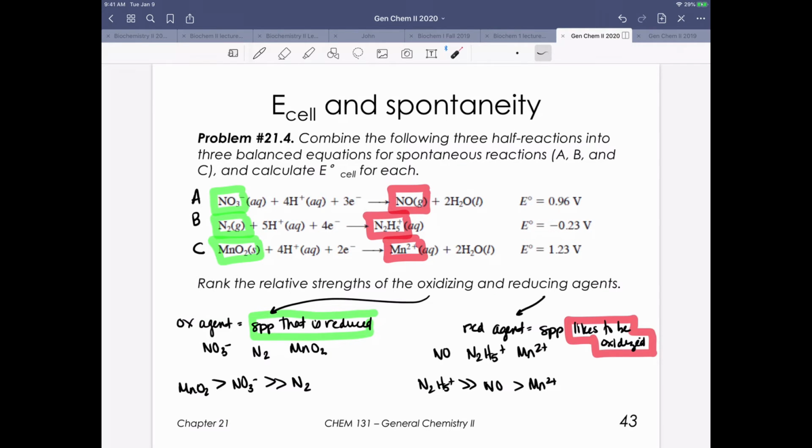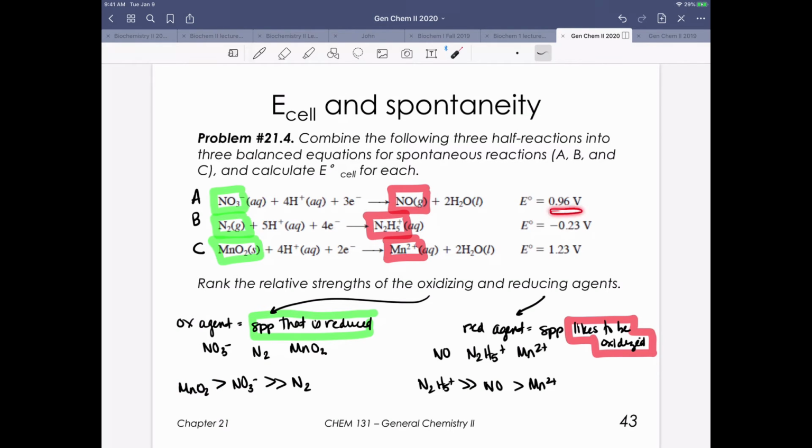So what this means is MnO2 most likes to gain electrons. So again, if we want to think about the strongest oxidizing agent, that means it's the guy that most likes to be reduced and gain electrons. Based on the standard reduction potential, it's this guy right here. So MnO2 is the strongest oxidizing agent.